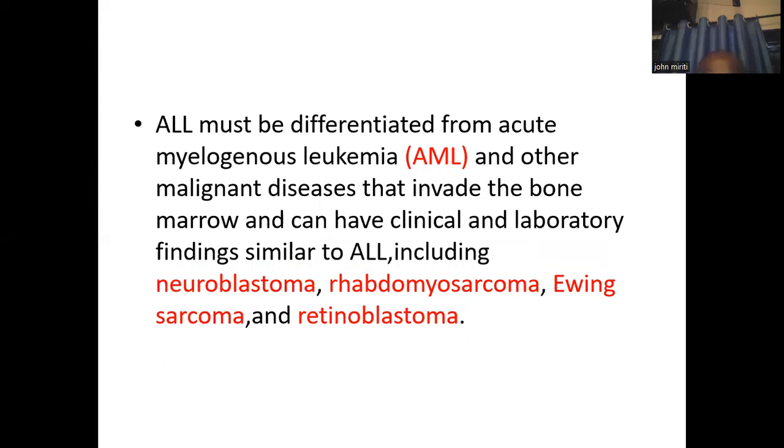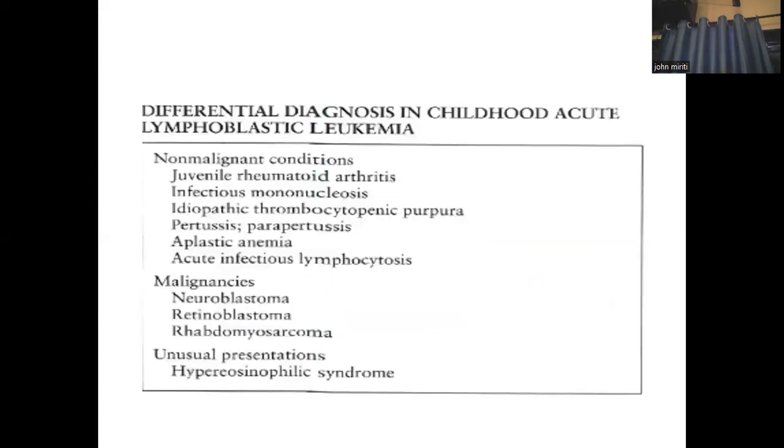So, acute lymphoid leukemia must be differentiated from acute myelogenous leukemia and other malignant diseases that invade the bone marrow and can have clinical laboratory findings similar to acute lymphoid leukemia, including neuroblastomas, rhabdomyosarcomas, Ewing sarcomas and retinoblastomas.